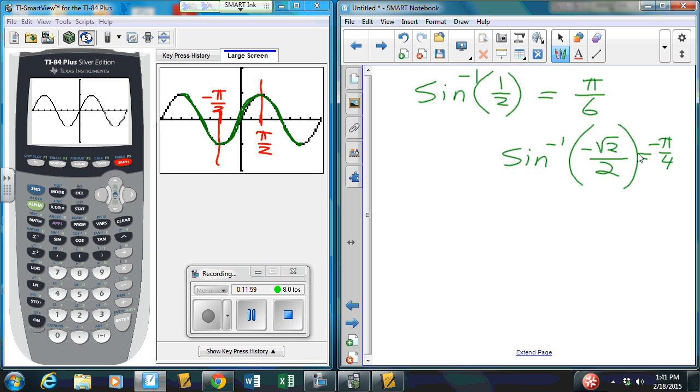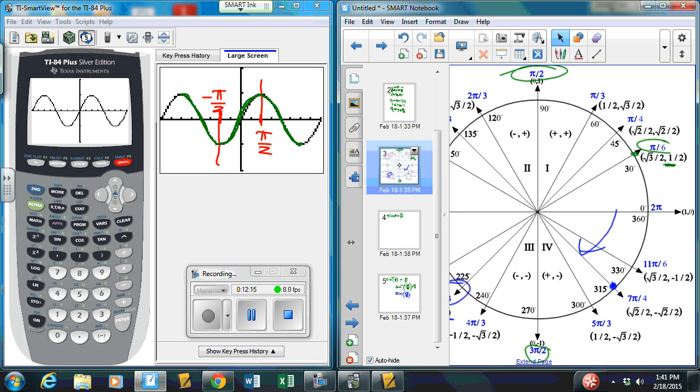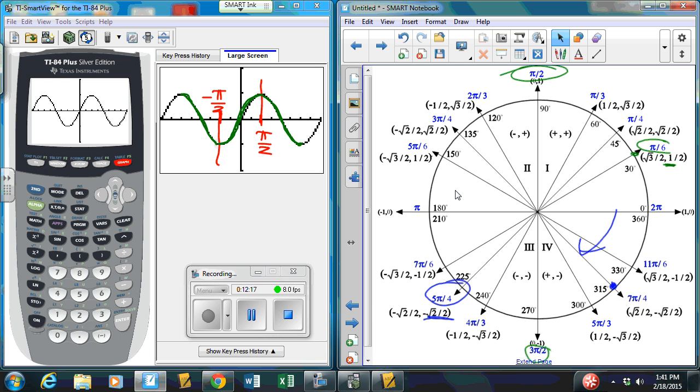Okay, next one. Sine inverse of root 3 over 2. And you know the answer to this one. Raise your hand. I need to know who knows.